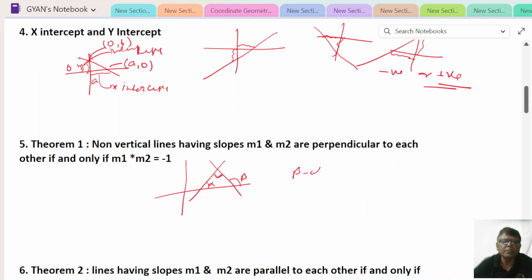So beta minus alpha is equal to 90 degree. How will we find the relationship? You can find tan beta is equal to tan of (90 degree plus alpha).